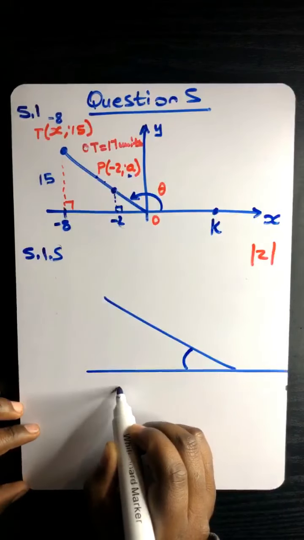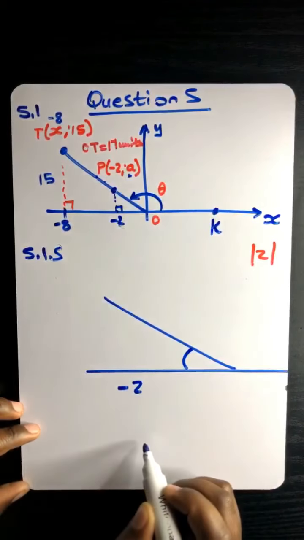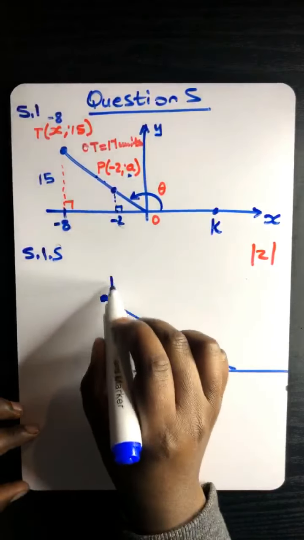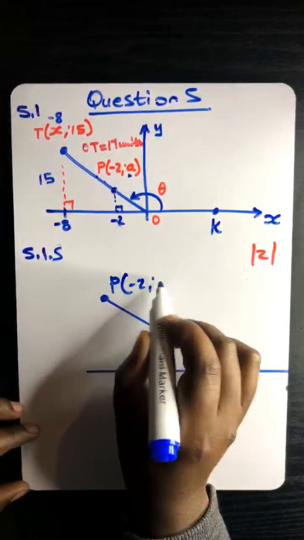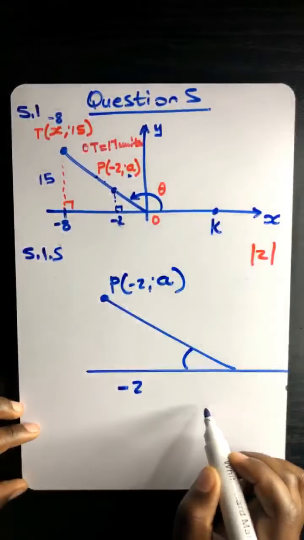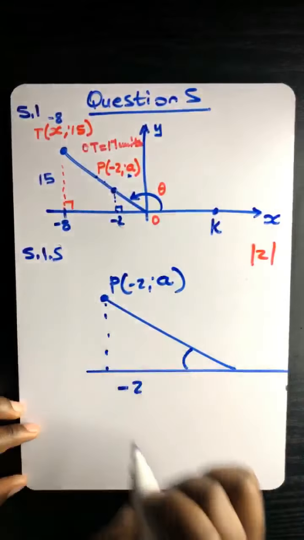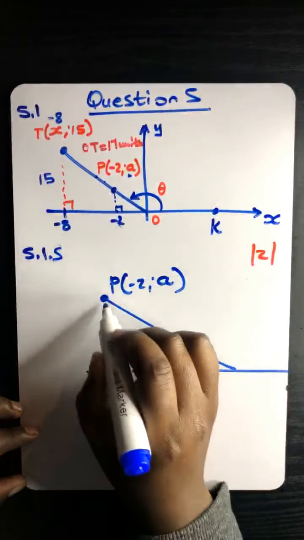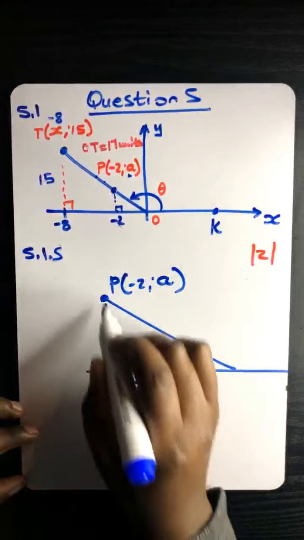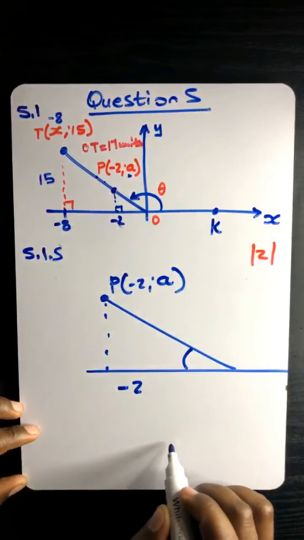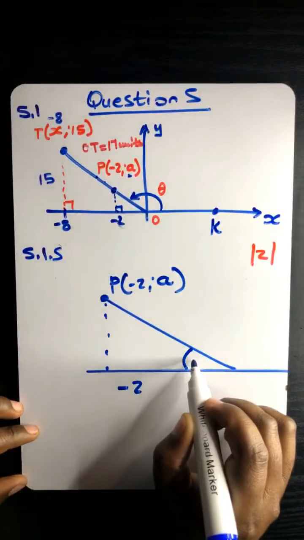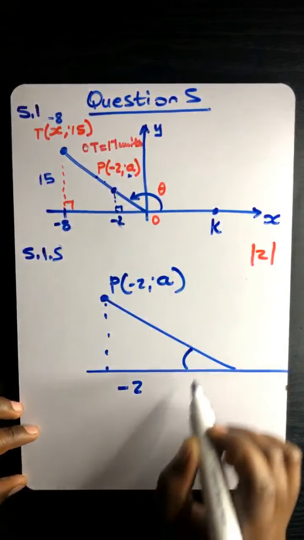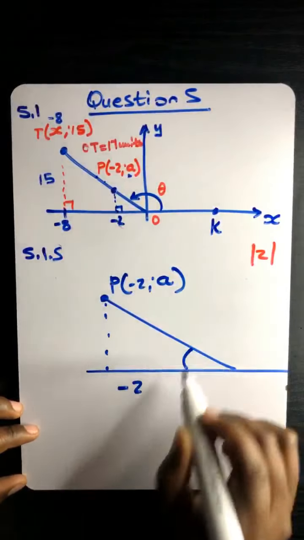Because we already know this side is -2. This point being P of -2, let's say it's A, the vertical side, the opposite. If we find the angle, then we have two things and can calculate the third. But how can we calculate this angle, honorable member?